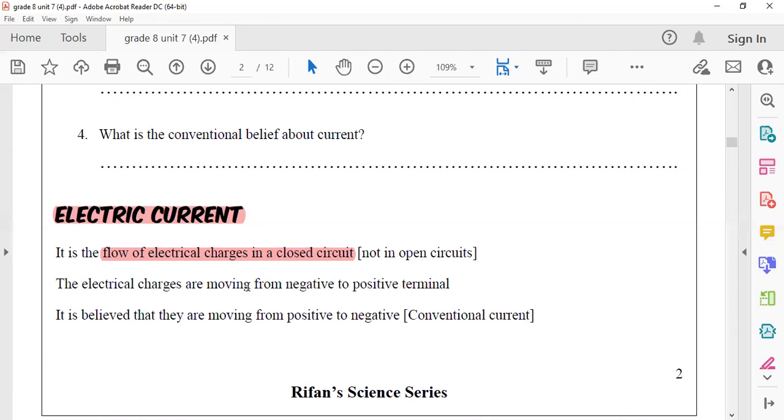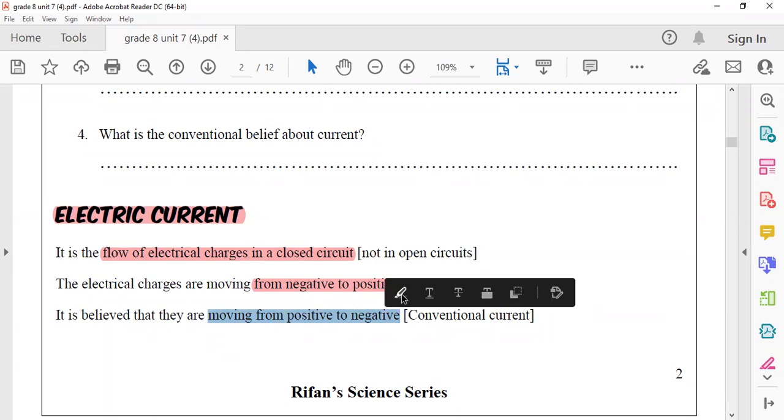Actually, electrical charges are moving from which end to which end? Negative to positive end. Our belief is they are moving from positive to negative. Why should we believe so?